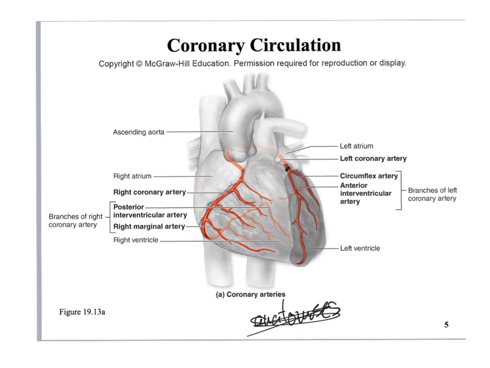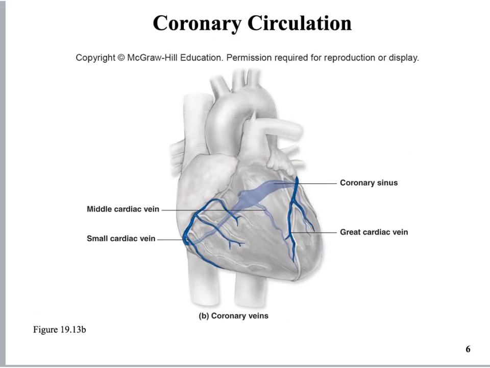I'm not going to go through the different arteries. That's the same stuff you did. It's already in your book and in your notes, so I'm not going to cover it. We have coronary arteries, and they break off into left and right, which have other branches. And then we also have cardiac veins, which return deoxygenated blood from the heart into what?